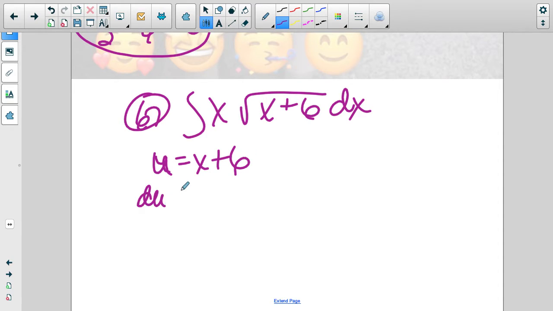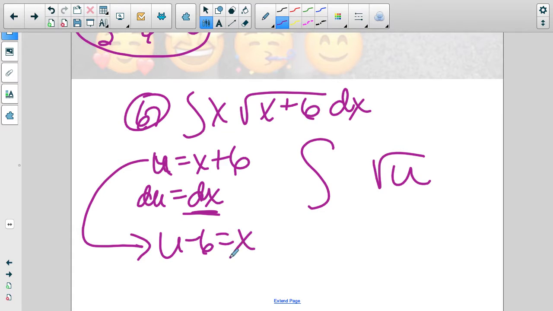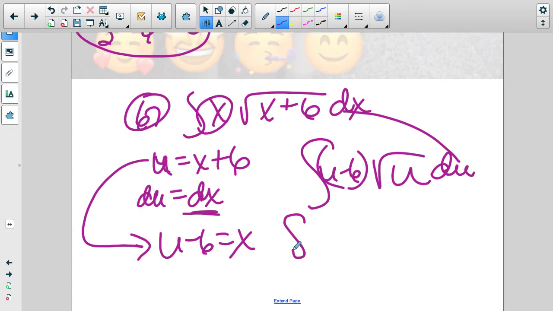And du is dx. Now I have the integral of the square root of u, but I can't all of a sudden introduce an x into the problem. I can't put a variable in. So I come up here and subtract: u minus 6 equals x, and x is u minus 6, and dx is du. Then I distribute.